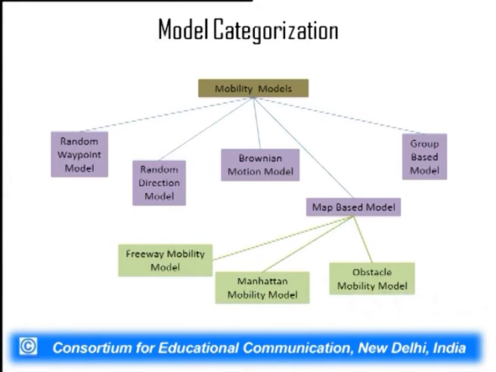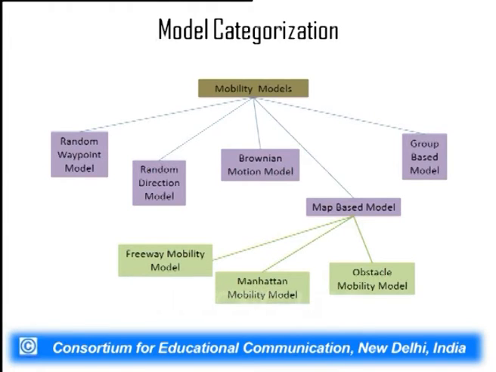Now let's visit different categorizations of mobility models. The first is the random waypoint model and the random direction model. As the name goes, both these models are intentional models. In this, the target location is randomly selected, and the nodes know that they have to reach that randomly selected position, okay. Then we have Brownian motion. Brownian motion is an instance of unintentional movement.